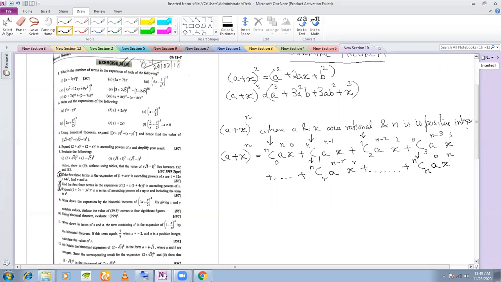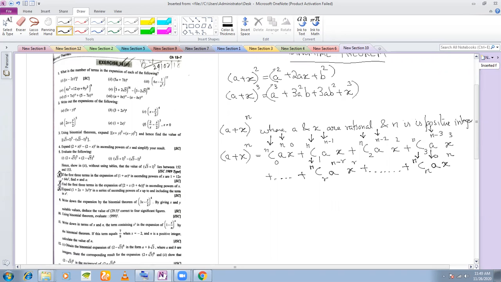For the first term a, you are starting with the highest power n, then we are reducing the power of a by 1, then again by 1, and we continuously reduce the power of a until the power of a becomes 0 in the last term.